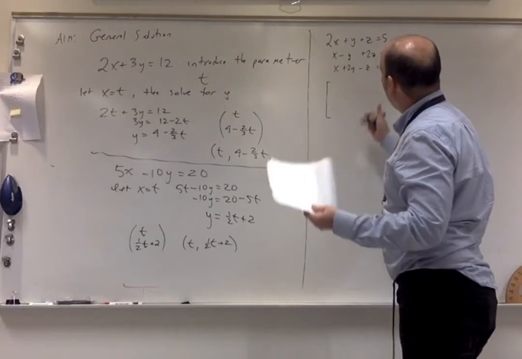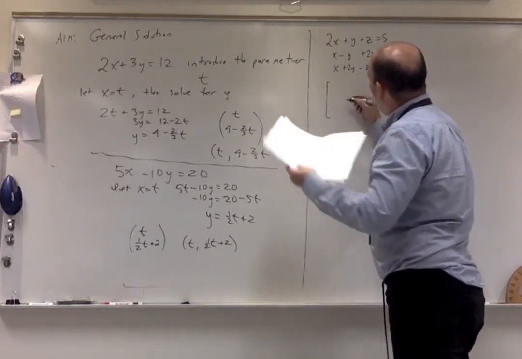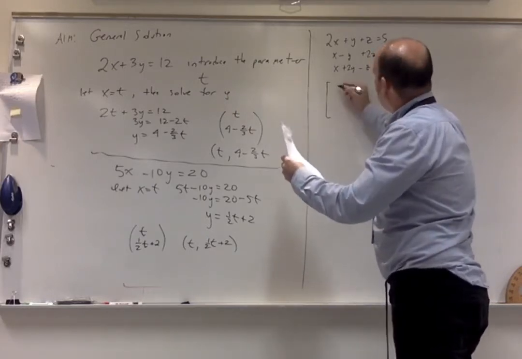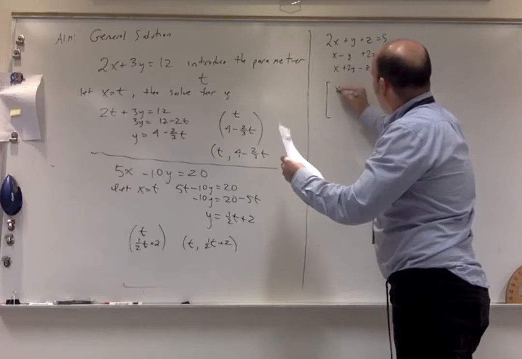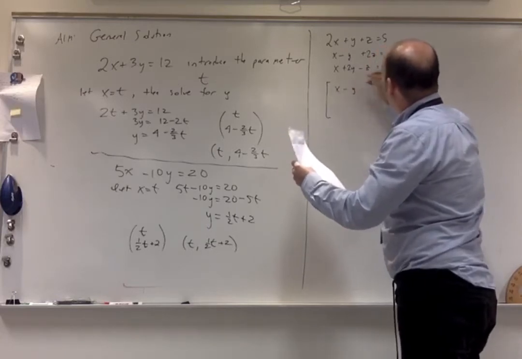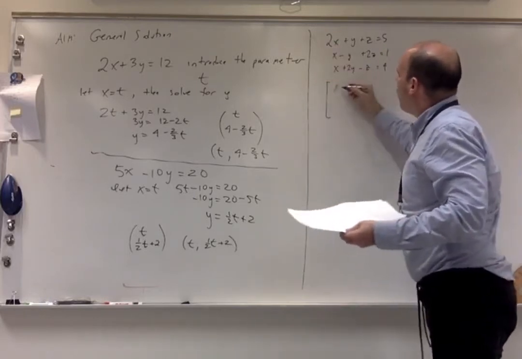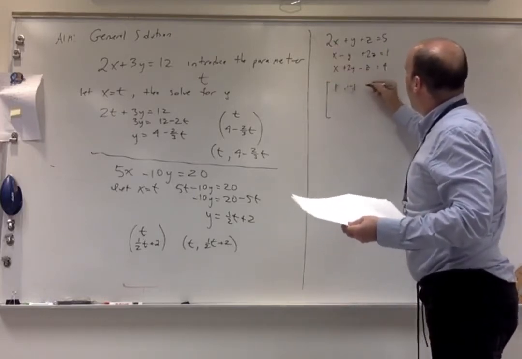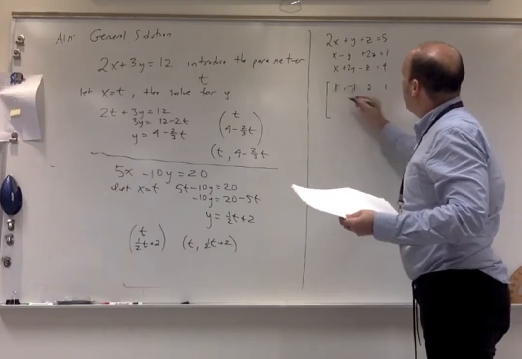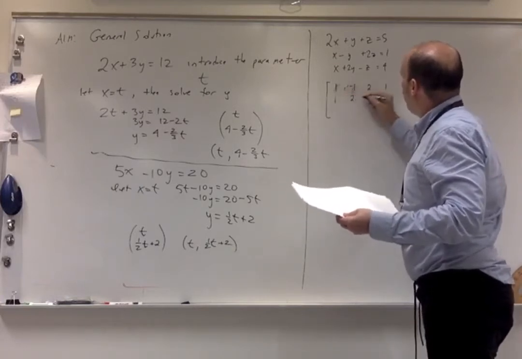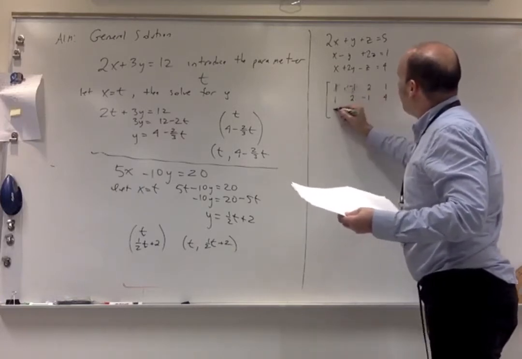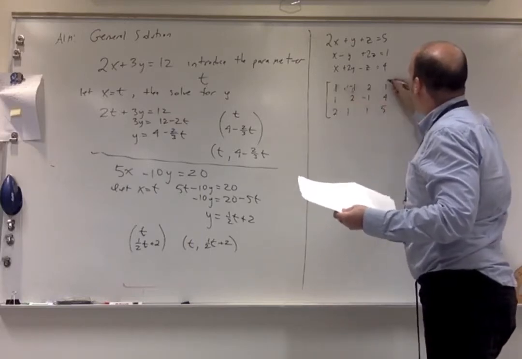I'm going to write this as, let me manipulate it a little bit. So remember I said put the 1 on top. So I'm going to do 1, negative 1, 2, 1, then 1, 2, negative 1, 4, and then 2, 1, 1, 5.